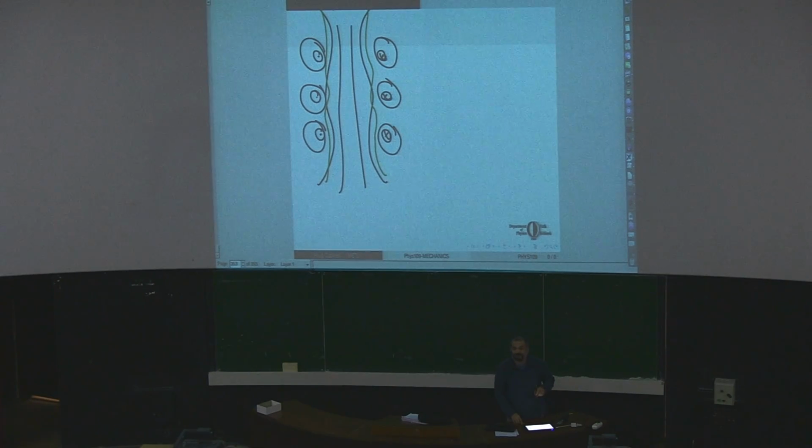Now if you would imagine that you have infinitely many rings just next to each other, and of course the current goes out of the screen from the other side.